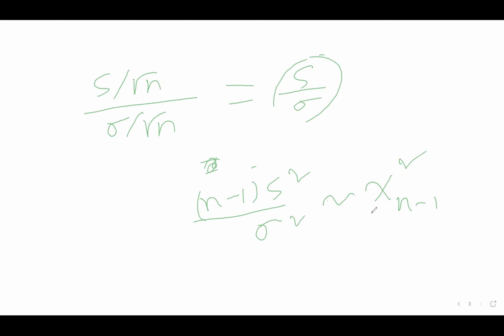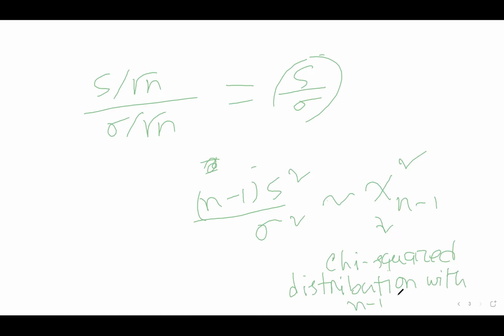So this is called chi-square distribution with n minus 1 degrees of freedom.